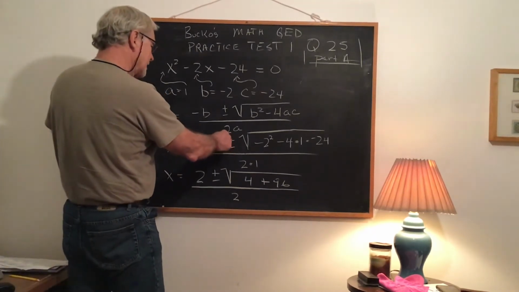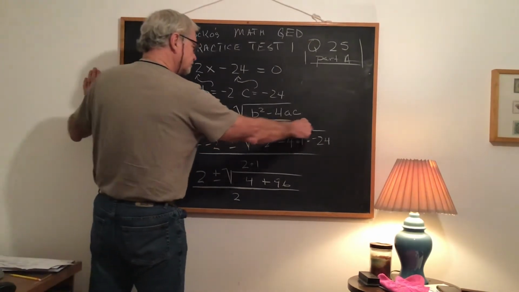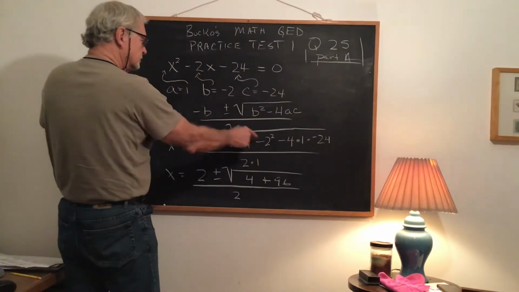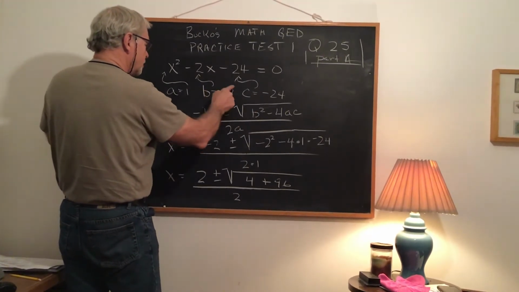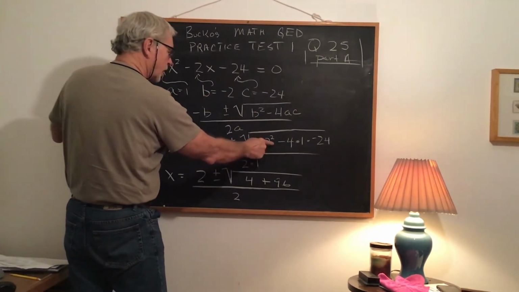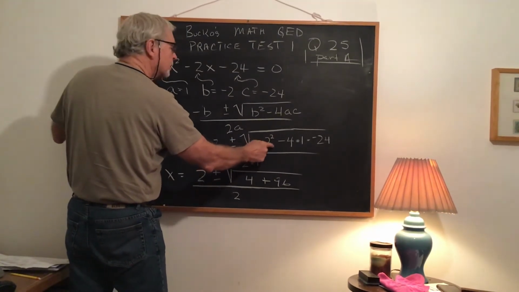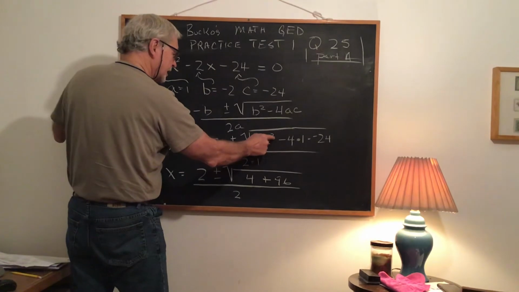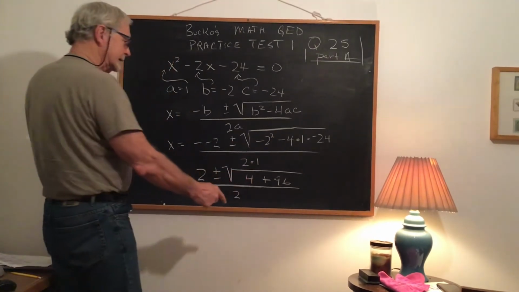Then this is a copy, plus or minus the square root of b squared. So b is a negative 2, but you've got to square it. And negative 2 squared means that number times itself. So negative 2 times a negative 2 is going to wind up to be a 4. See it down here? All right.